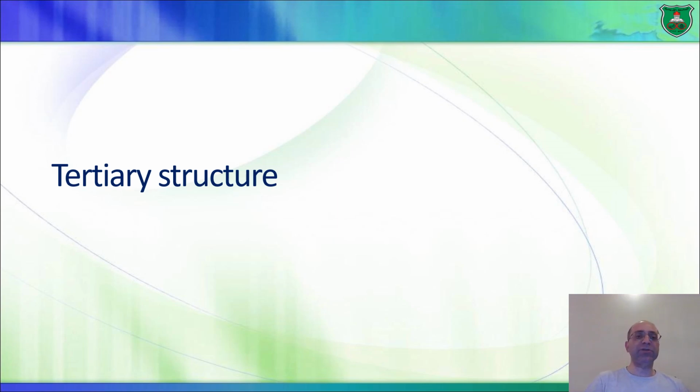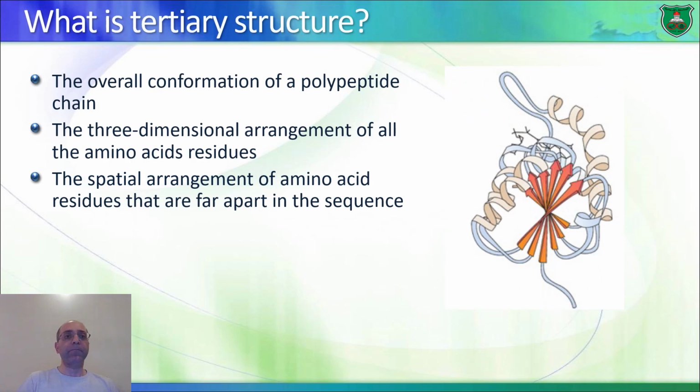Now, tertiary structures are basically, these are different definitions. So basically, we're talking about the overall conformation of a polypeptide chain. The three-dimensional structure, three-dimensional arrangement of all amino acid residues in space.